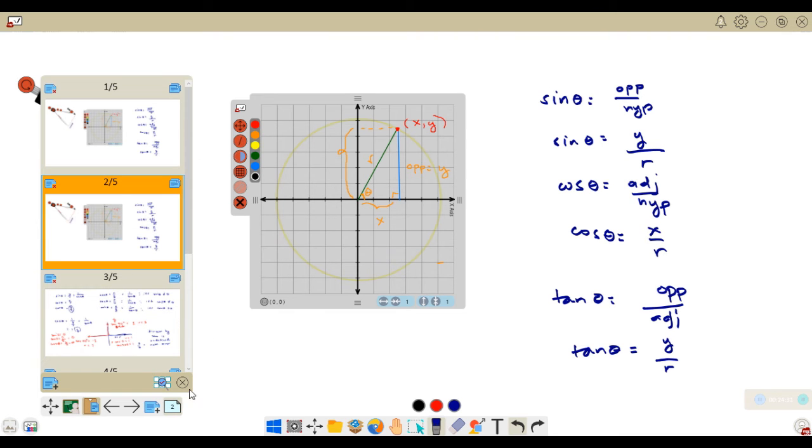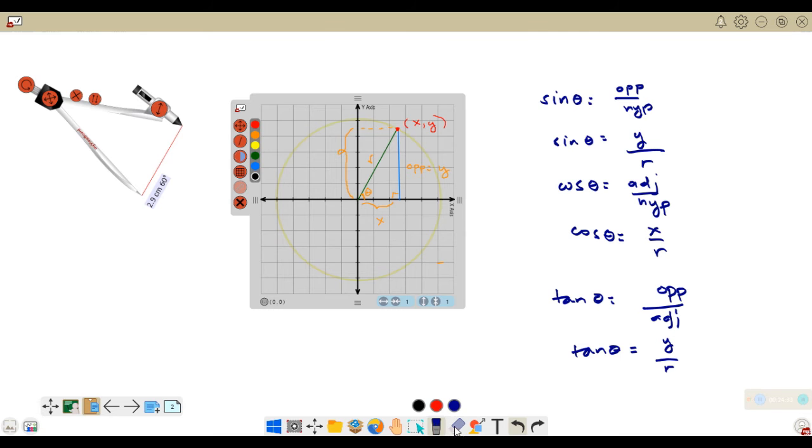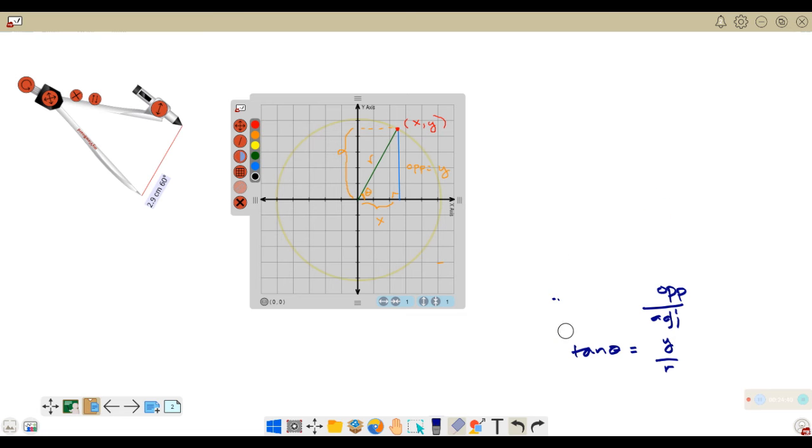Dito tayo sa page 2. Okay. Burahin ko lang to. Kasi de-derive naman natin yun dun sa distance.